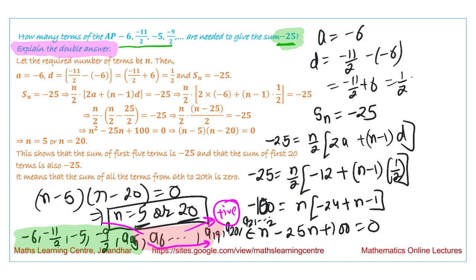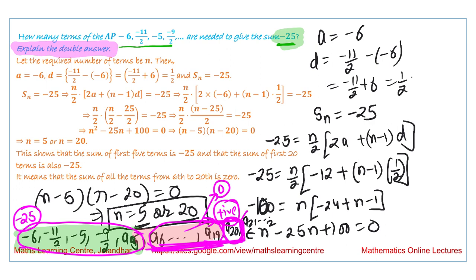The sum of the first 5 terms is minus 25. The terms in between, their sum is basically 0. There are some positive terms, there are some negative terms, and the sum of the terms in between these two is 0. And after this we have A20. It is up to 20, not up to this term, and the sum is 0.